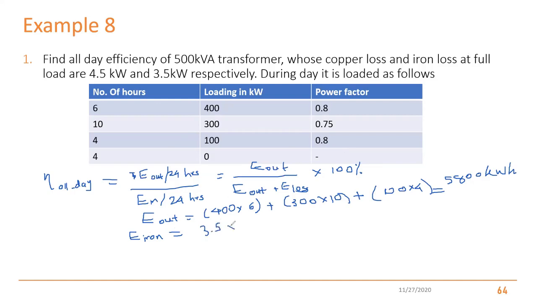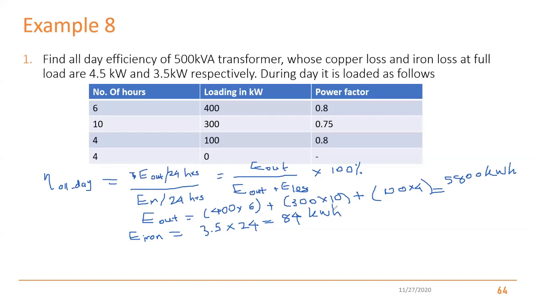There are 24 hours, it remains the same, therefore even under no load condition it happens. So I have to multiply it by 24, which gives me 84. 84 kilowatt hours are wasted as iron loss.